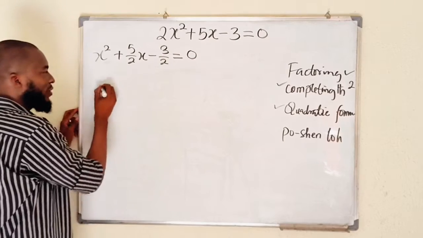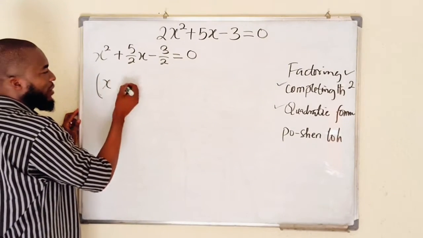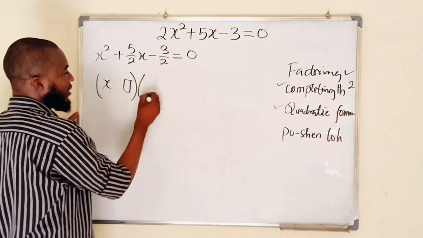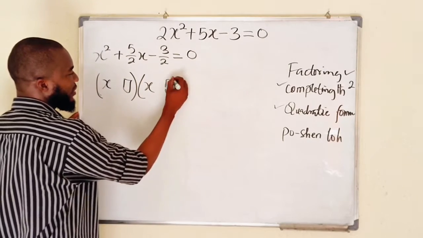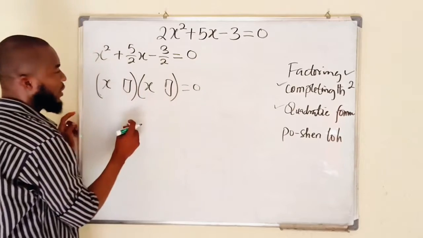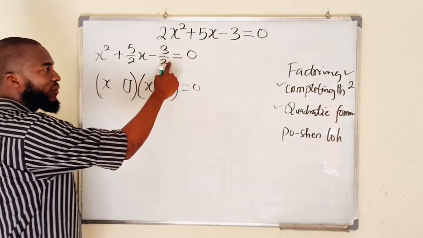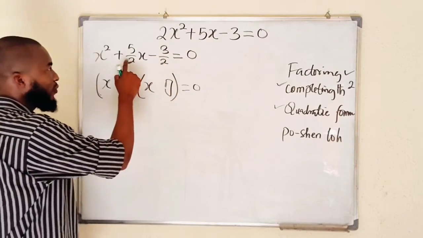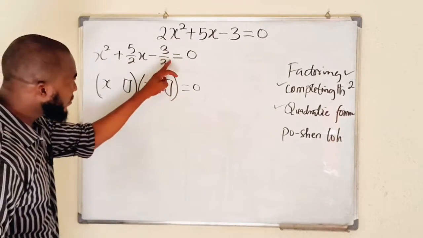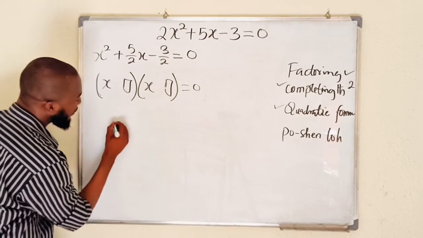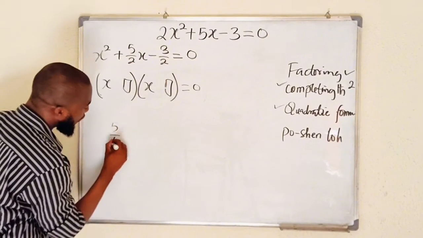And remember, this is how to factorize, right? x maybe plus something, or minus something, then times another x plus something, that will give us 0. In this case, these two values multiplied to negative 3 over 2 and added up to 5 over 2. But in case this number is big, you should start here. Half of 5 over 2 will give us 5 over 4.